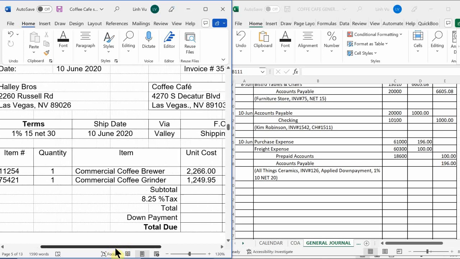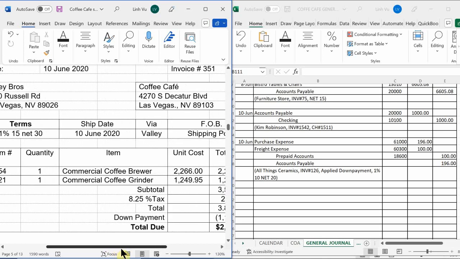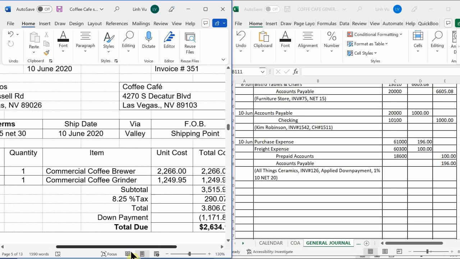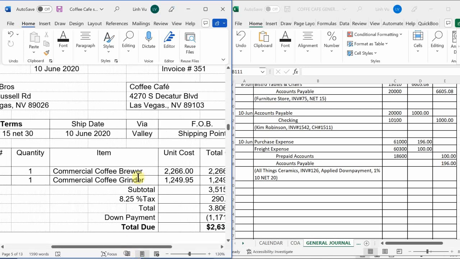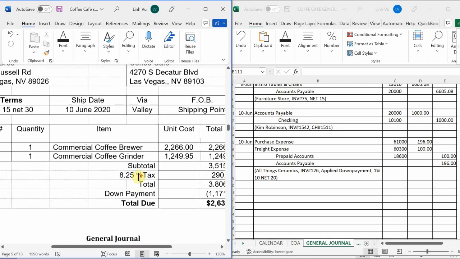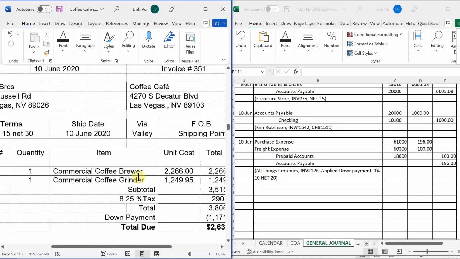Now, this is what I'm going to tell you here. Right now, my store does not have enough space for my coffee brewer and coffee grinder. So what I'm going to tell you to do here is code it to the miscellaneous suspense, because there's probably going to be work that I need done on my coffee brewer or coffee grinder.